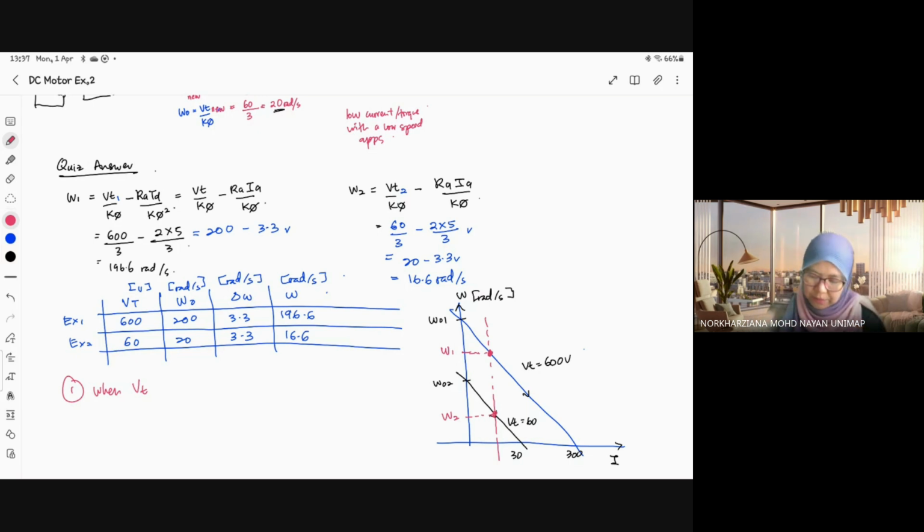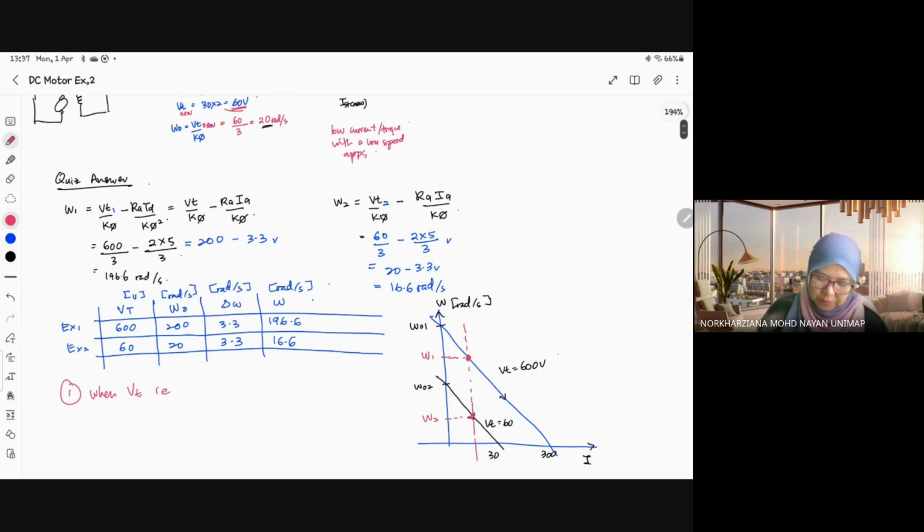When Vt reduces, what happened? No changes on no load speed. But in an exam or test, write the full name, don't just write symbols. Okay.